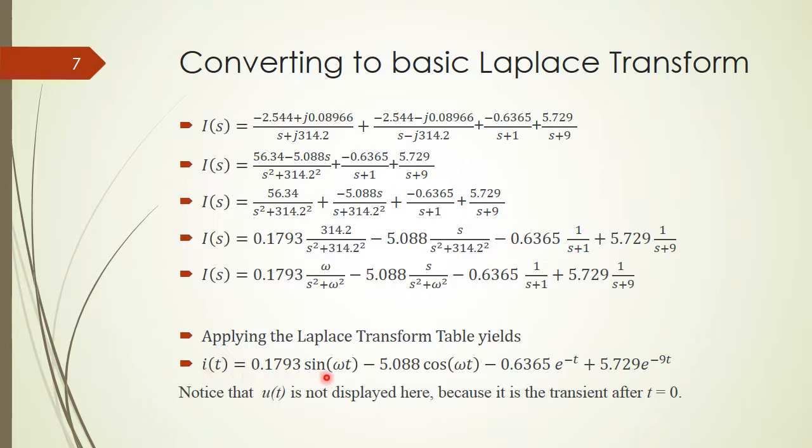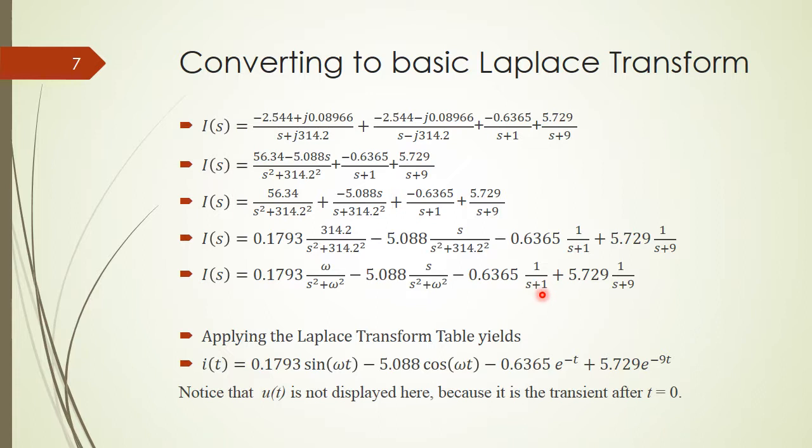So at the end, omega over s squared plus omega squared will become sine omega t. The term s over s squared plus omega squared will become cosine omega t.